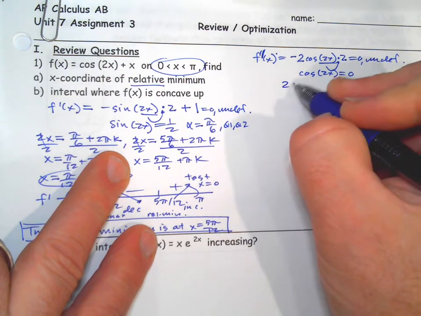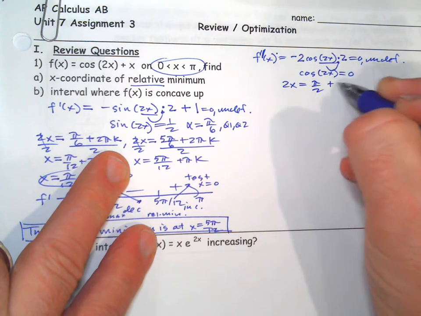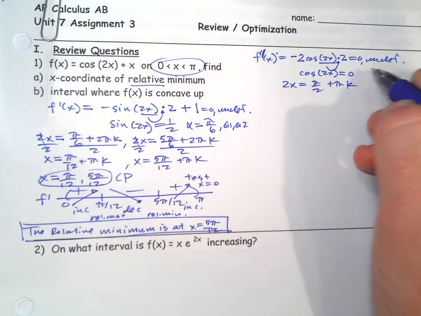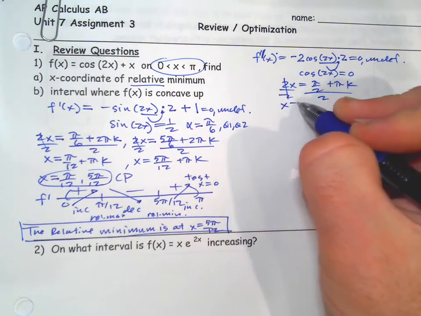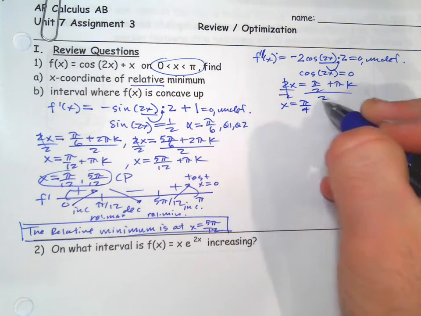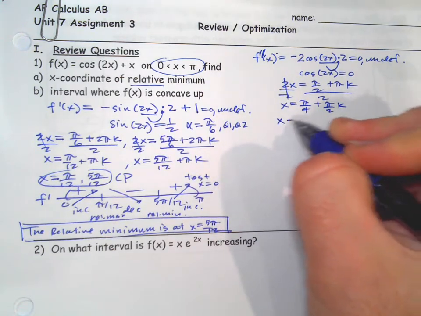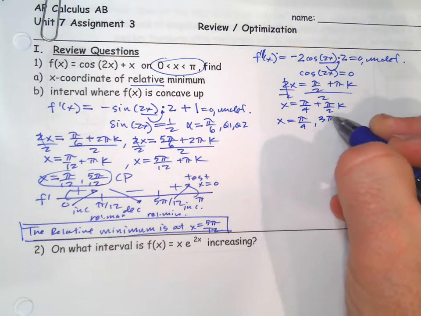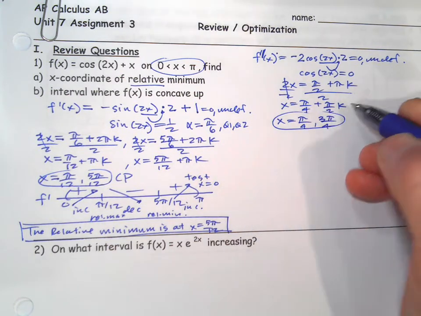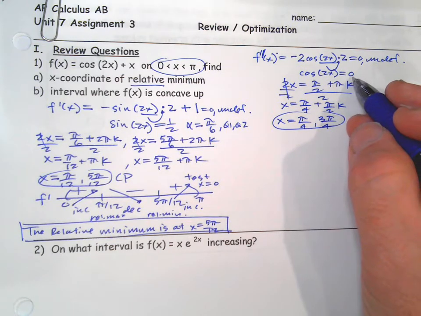So 2x equals, when does cosine equal 0? Pi over 2 plus pi k. No quadrants, no reference angles. x equals pi over 4 plus pi over 2 k. We want all the values between 0 and pi. So it would be pi over 4 and 3 pi over 4. I'm pretty sure these are inflection points because they're not going to bounce off the graph.